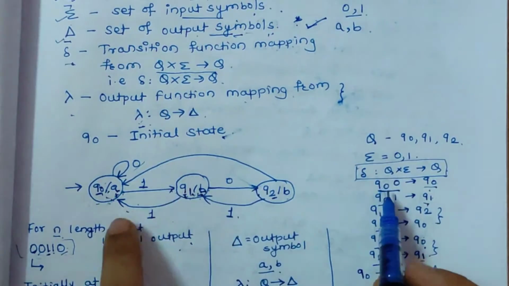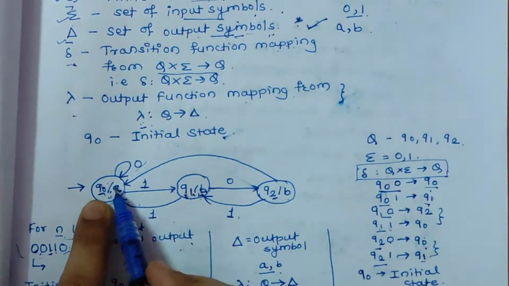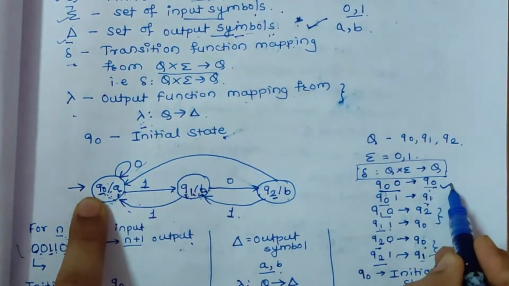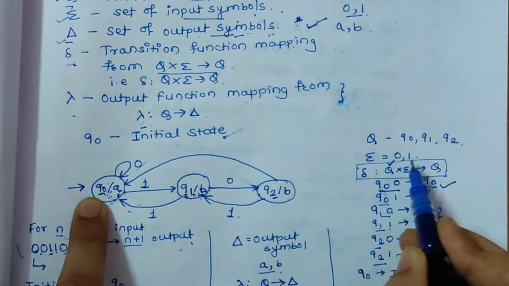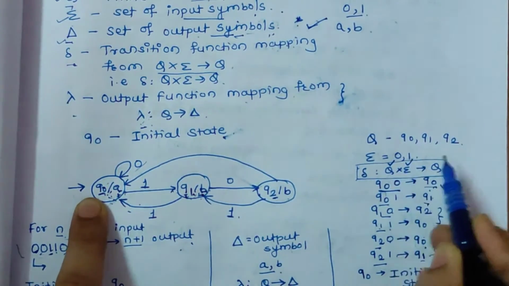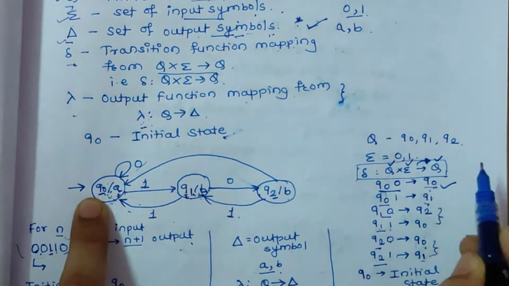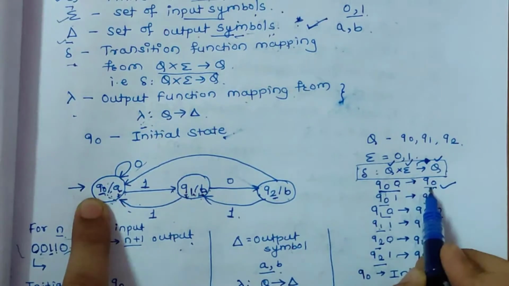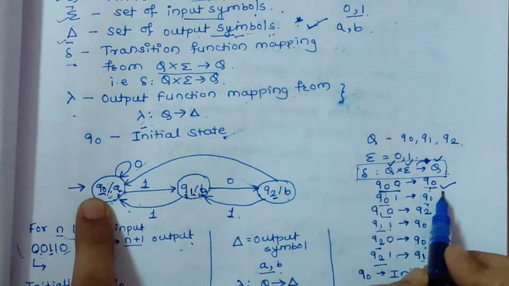We can see here if there is state q0 and we provide input 0 to state q0, we will remain in state q0. So you can see here the output is q0. This is a mapping along with the input state and the input symbol to which state we are going, that is the transition. And here with q0 state and 0 input we are going to state q0. That's why this is the first transition we can see here.